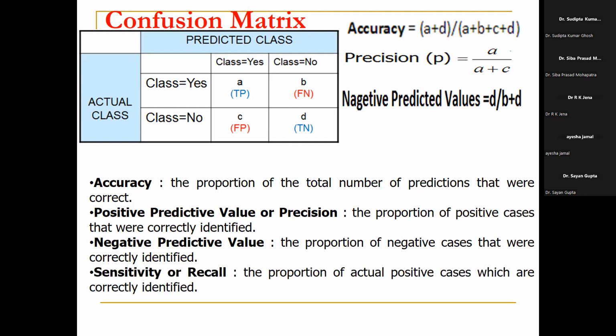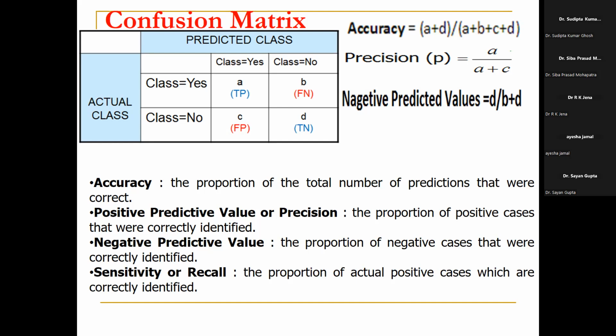Then sensitivity or recall, the proportion of actual positive cases which are correctly identified. How many positive cases are there? A plus B. How many have been correctly classified?